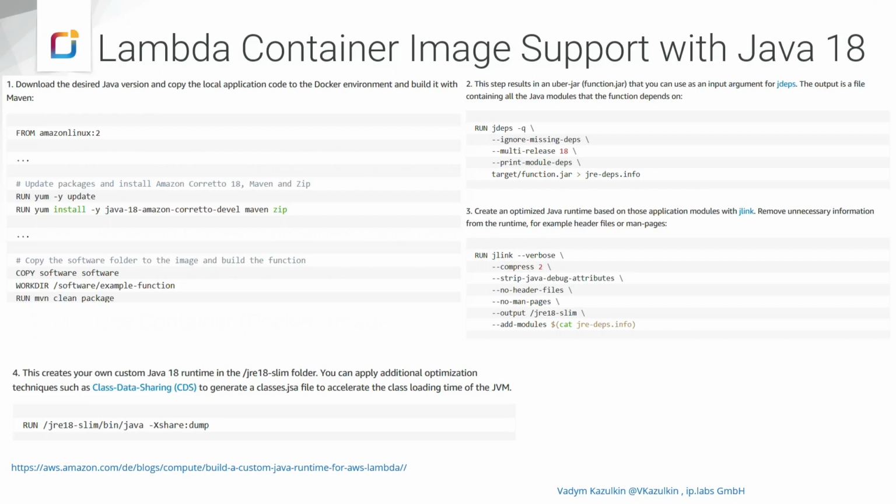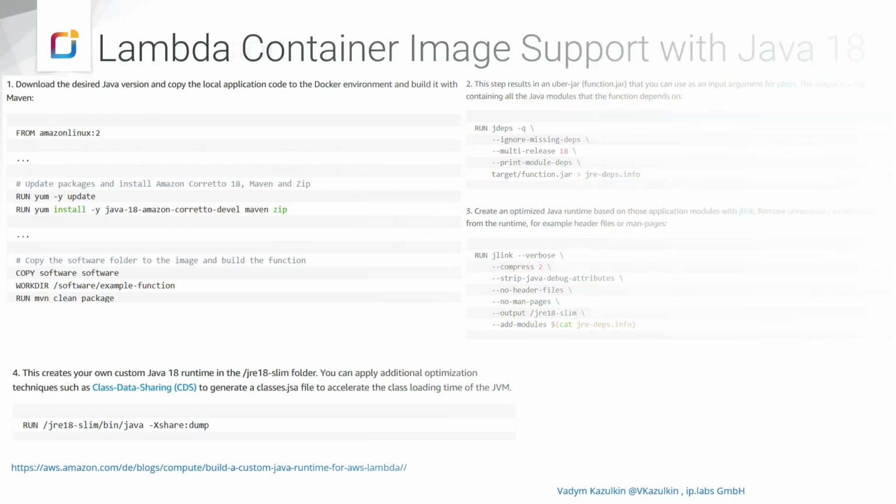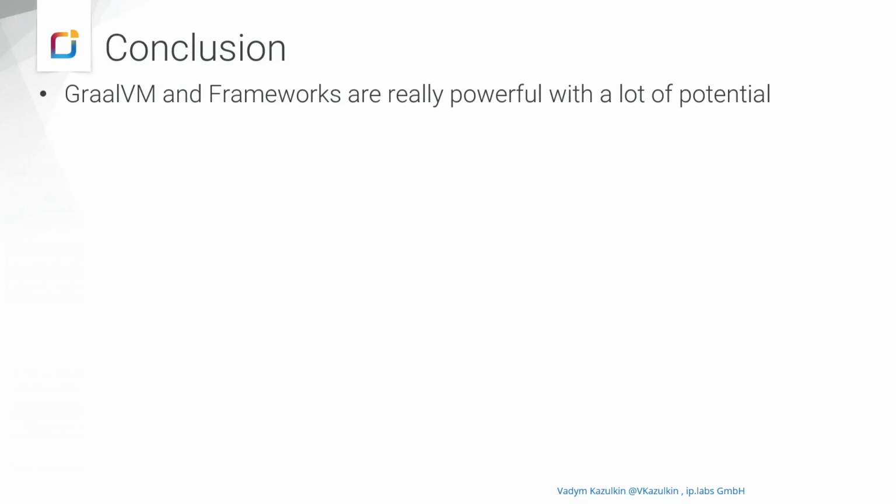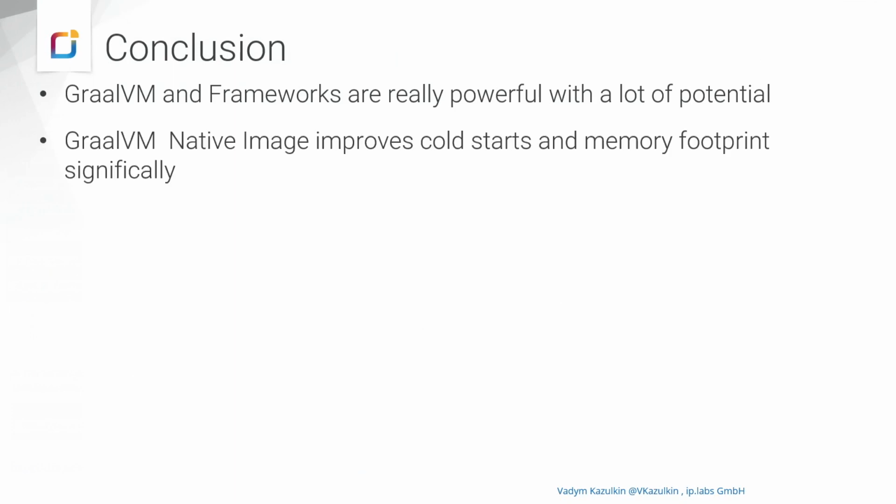You will not achieve the numbers of GraalVM native image, but with this you may improve, and if it's not so sensitive, you are simply allowed to use the recent Java version, and that may improve your productivity on the other side. So another trade-off. So probably the conclusion: GraalVM and frameworks are really powerful, with a lot of potential.